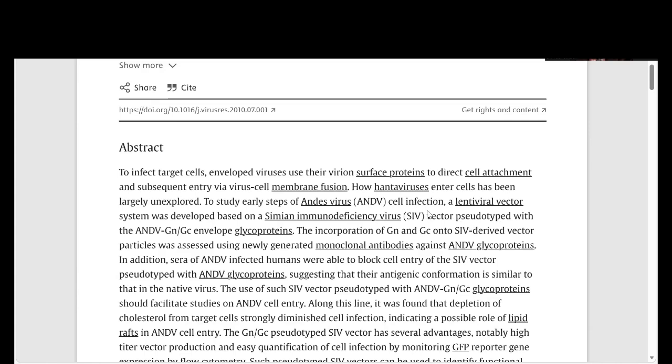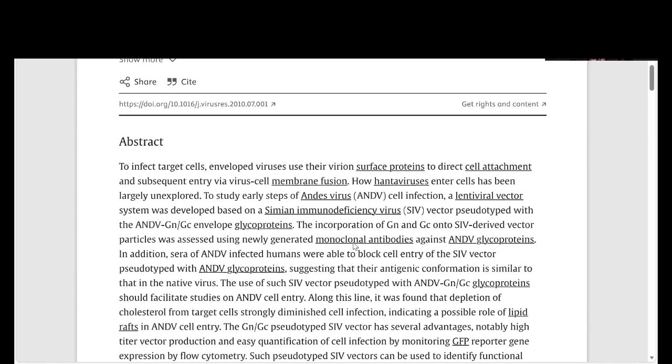But researchers can basically take those guardrails out and modify in a BSL-4 lab and incorporate the GN/GC glycoproteins into SIV or HIV. And that's the problem that people need to start waking up to. I keep on saying for the last 6 years that there needs to be more regulation on this type of research.